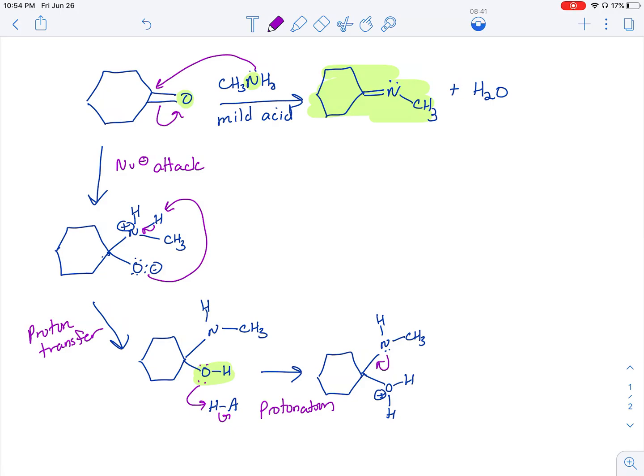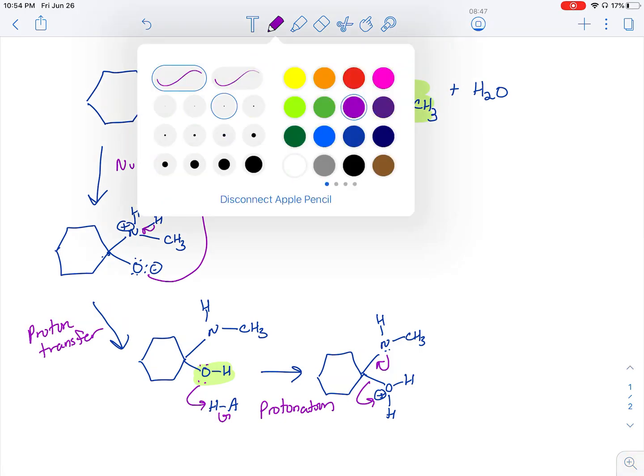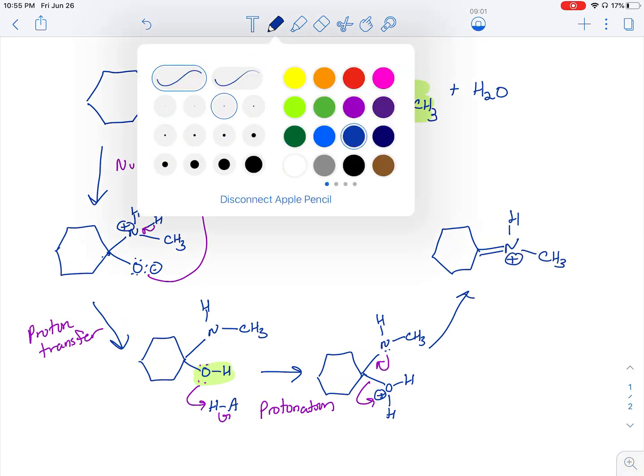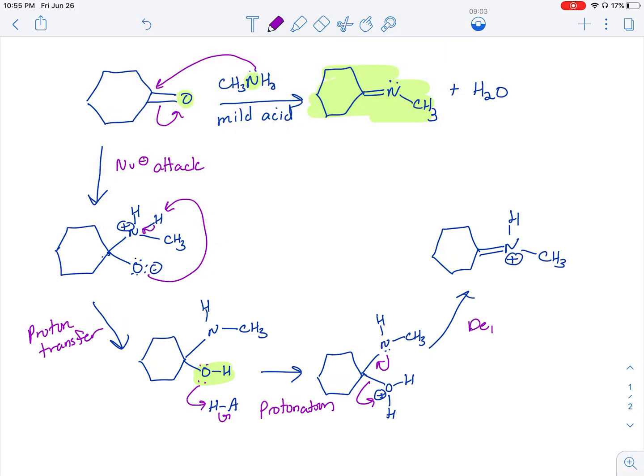You form a bond to that carbon, you better break a bond. We lose the water, right? So we end up generating this here. Right, so we now have a nitrogen-carbon double bond. So we're almost there, right? We're almost to our product.